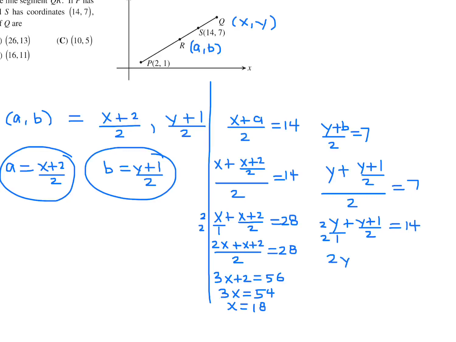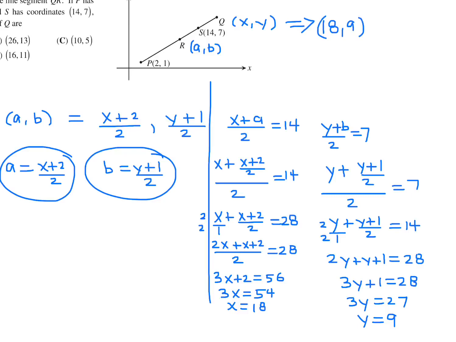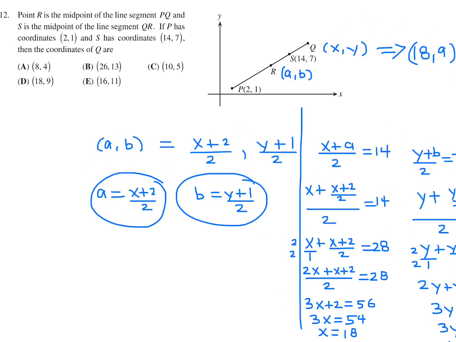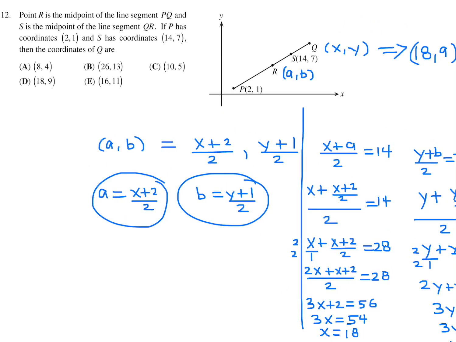So we get 2y plus 1 is equal to 28. 3y plus 1 is equal to 28. And therefore 3y is equal to 27, and y is equal to 9. So Q is 18, 9, the coordinates. So 18, 9 for number 12 would be choice D.